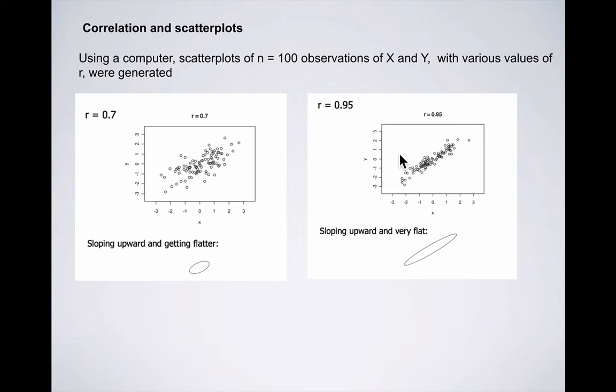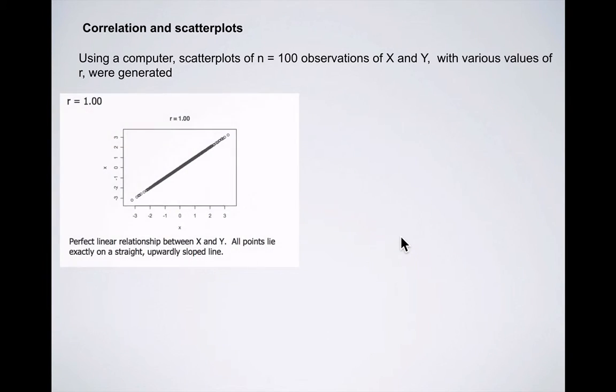Moving up to a correlation coefficient of 0.95, you can see that the points, the scatter plot, are tighter around a linear relationship, and so it's sloping upward and becoming very flat. Now, a correlation coefficient of 1 would mean that it's perfectly linear, and so the points all lie on a straight line sloping upwards.